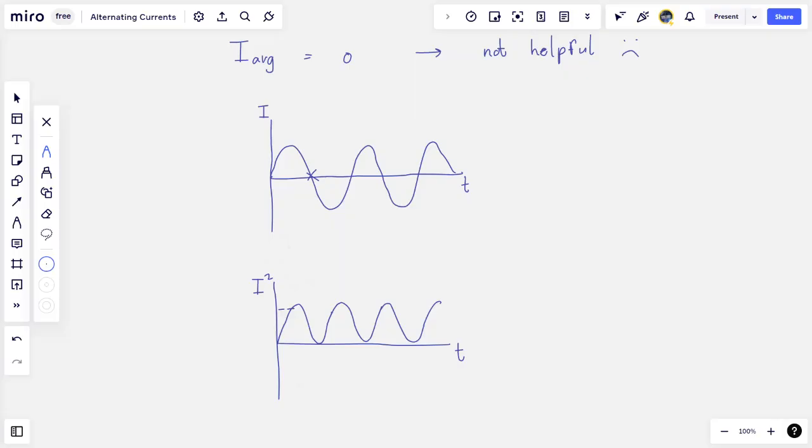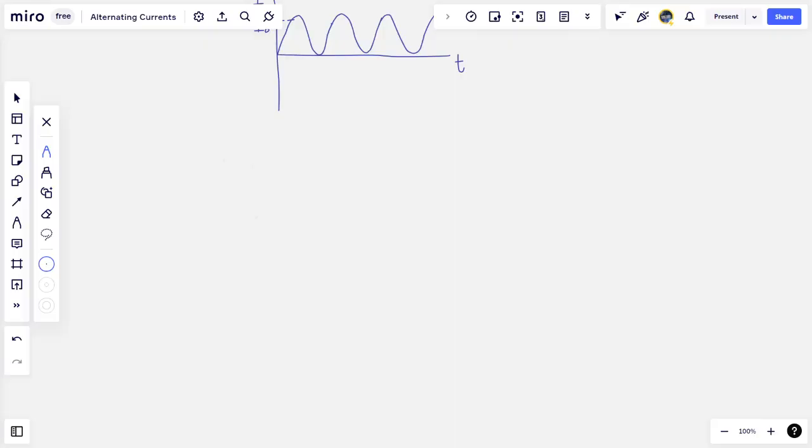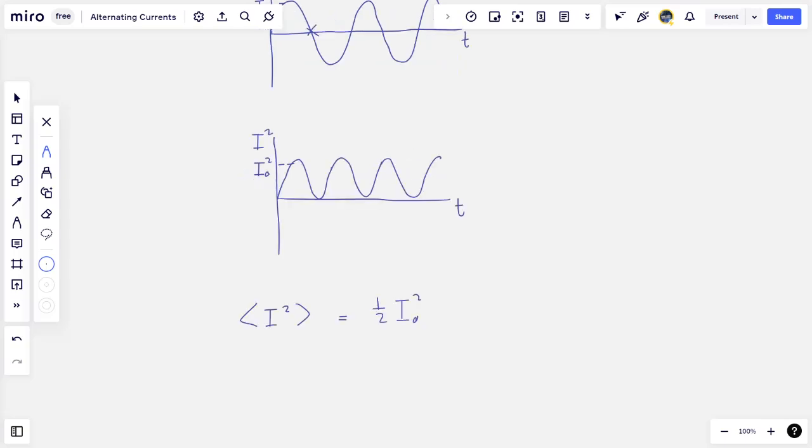The new peak value is no longer I naught, but I naught squared. Aha! So now let me find the average of this graph. Now the average value, which I'll represent by triangular brackets like we did for ideal gases, is a half of the square of the peak value. A half of I naught squared is right in the middle. That's where my average value should lie.